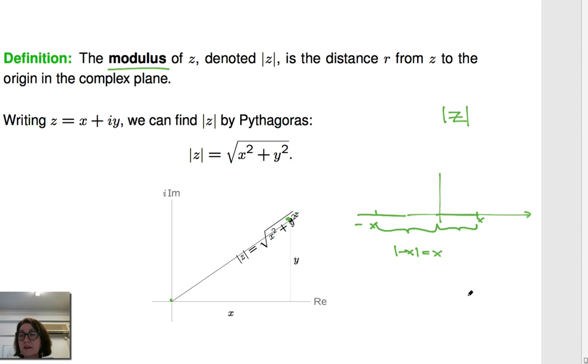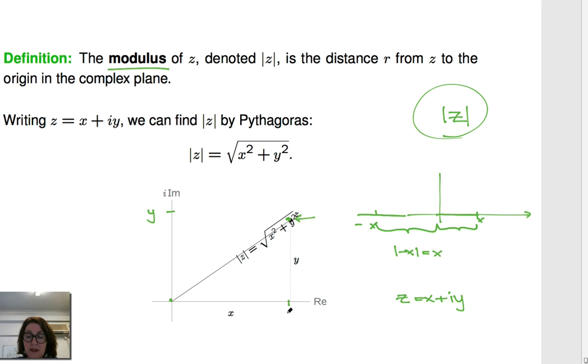So we're thinking about this as a distance. We're going to use the same idea when we're looking at the modulus of a complex number, but of course now we're not directly along the axis, we're coming out from the origin to the point z. If we write the complex number still in Cartesian form, then we can use Pythagoras to find out what the modulus of z is, in the same way we did for the length of a vector. Here's my point z, it's got coordinates x and y, where x is the real part and y is the imaginary part.